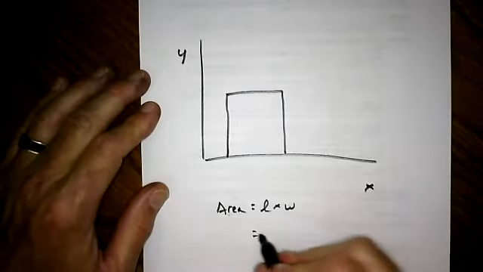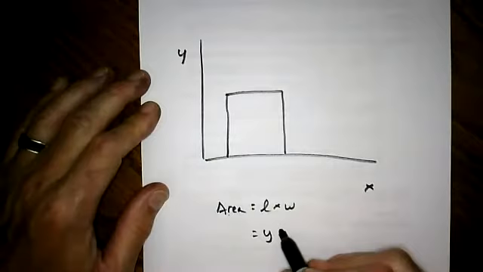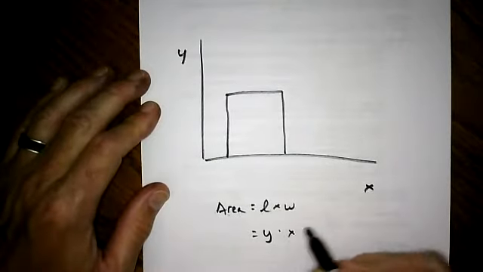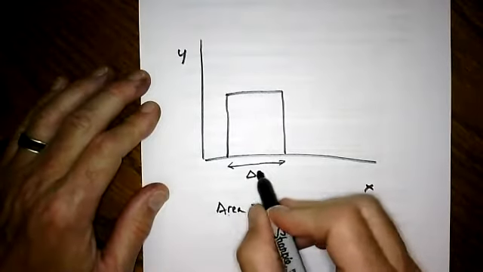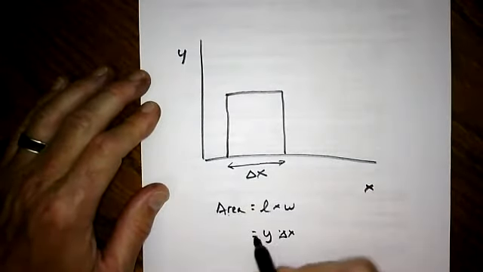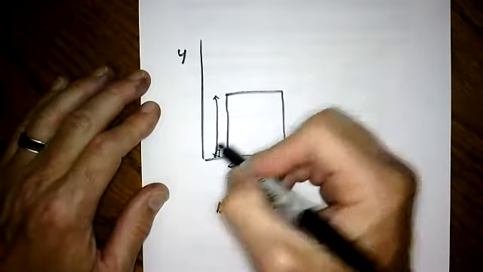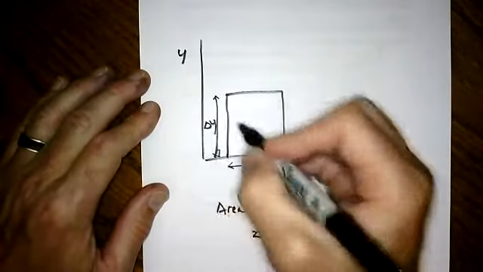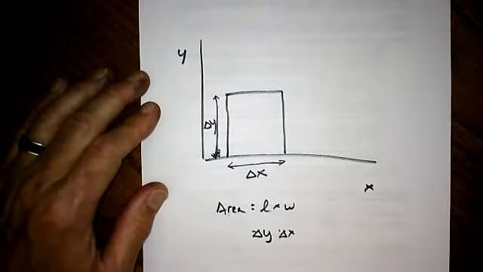In this case, that's delta y times this interval right here, delta x. So I better put the delta x in there, and I better put the delta y in here, just so we can see it a little better. And that's going to give us our area.